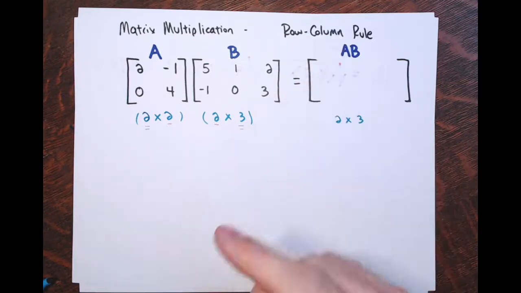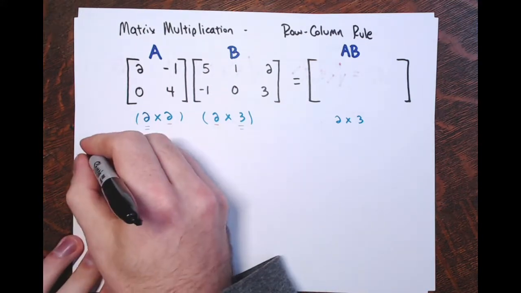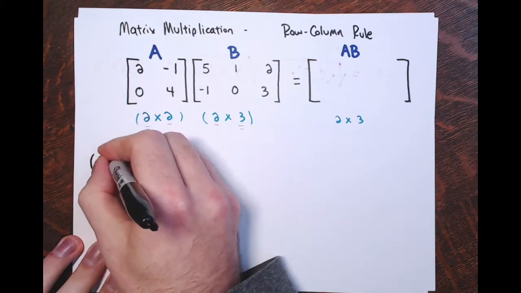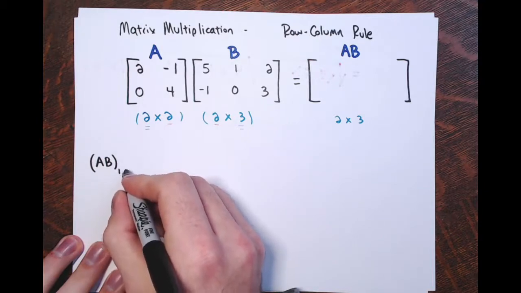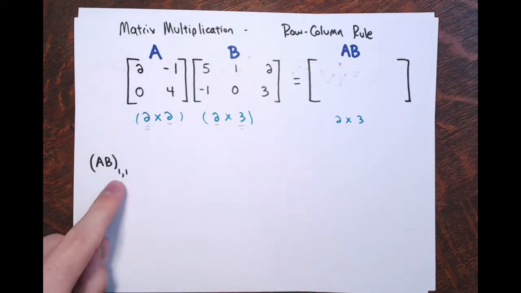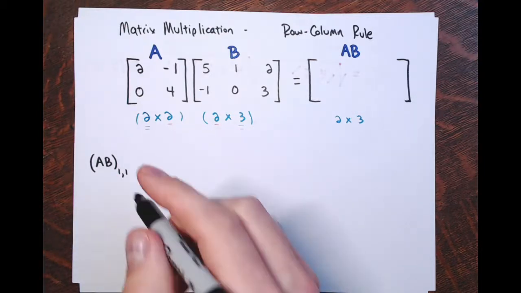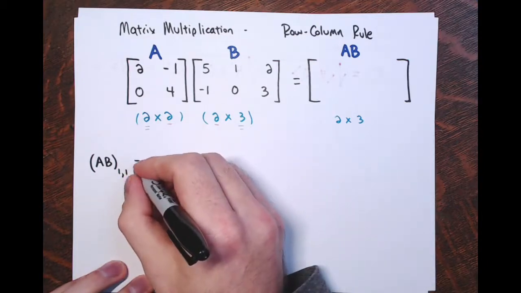How do we actually perform matrix multiplication? To do the first entry of AB, the first row, first column, AB 1 1. Here's how you do it.